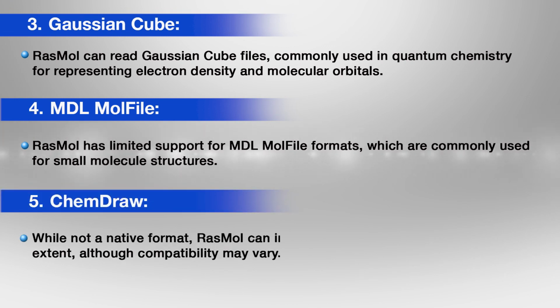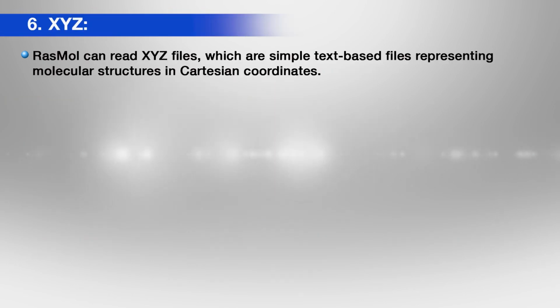ChemDraw. While not a native format, RASMOL can import ChemDraw files, that is .cdx, to some extent, although compatibility may vary. XYZ format. RASMOL can read XYZ files which are simple text based files representing molecular structure in Cartesian coordinates.